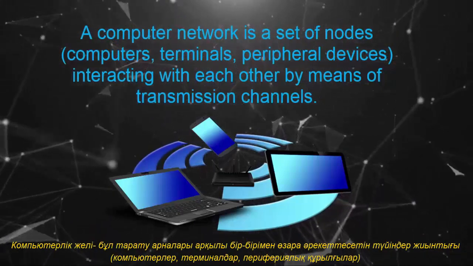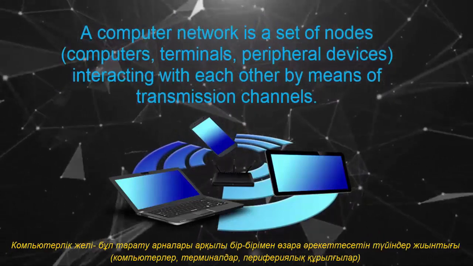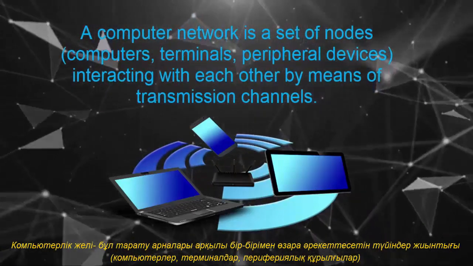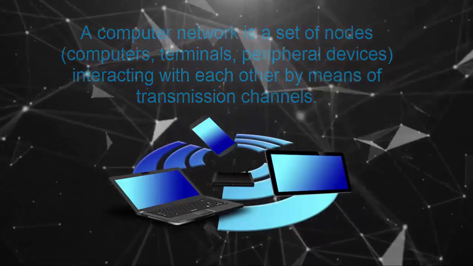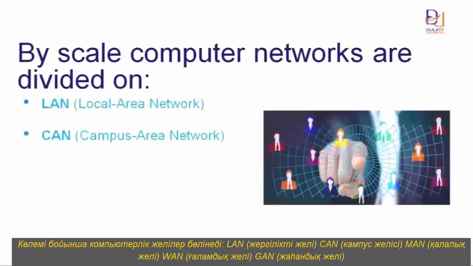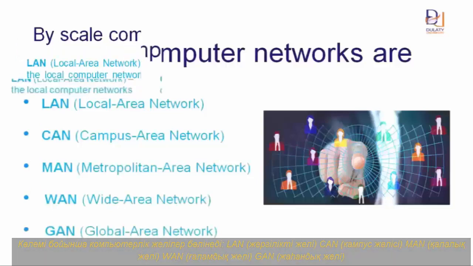A computer network is a set of nodes, computers, terminals, peripheral devices, interacting with each other by means of transmission channels. By scale, computer networks are divided into LAN, local area network, CAN, campus area network, MAN, metropolitan area network, WAN, wide area network, GAN, global area network.